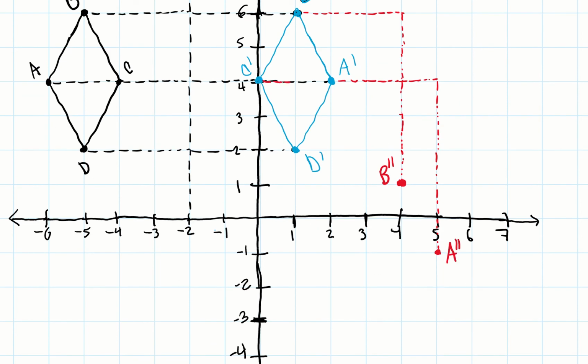Okay, let's do it for C. 1, 2, 3. 1, 2, 3, 4, 5. And finally, D. 1, 2, 3, and 1, 2, 3, 4, 5.